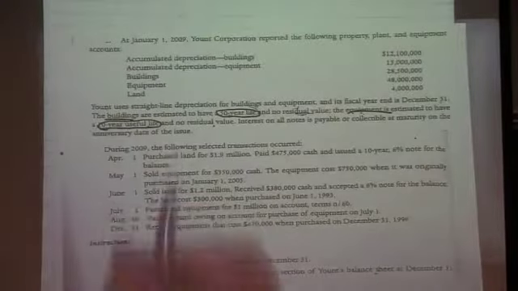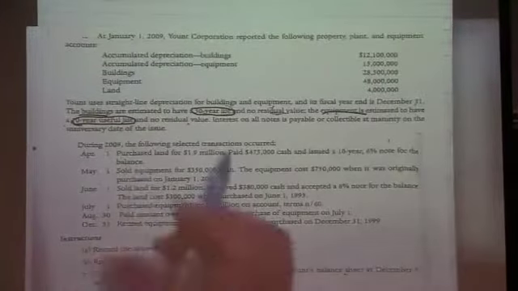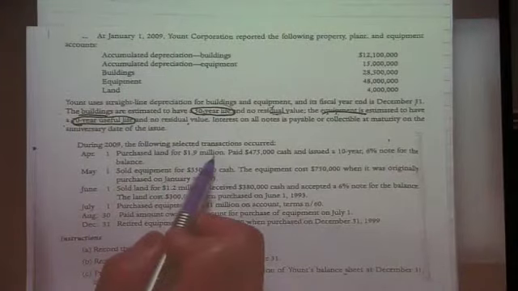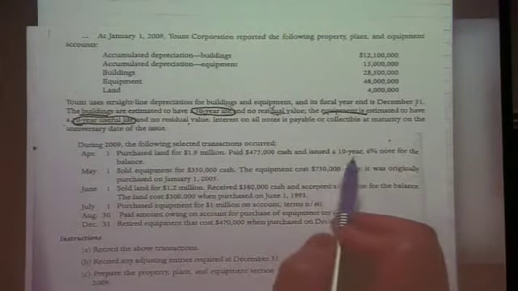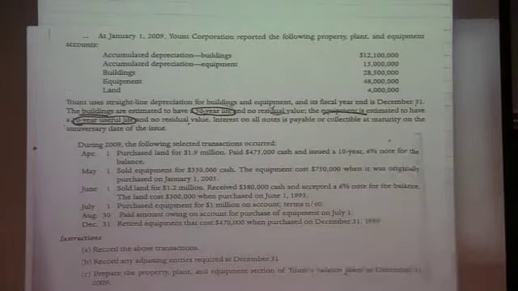So let's start with the first journal entry. It says on April 1st, they purchased land for $1.9 million. They paid $475,000 and issued a 10-year 6% note payable for the balance. So let's do that journal entry. On April 1st, we're going to record the purchase of the land.